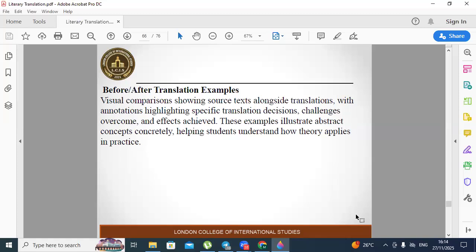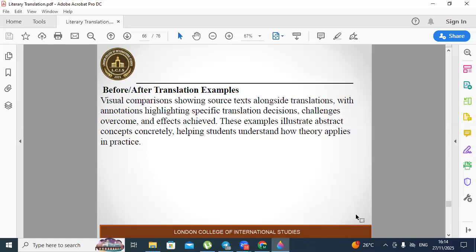These examples illustrate abstract concepts concretely, helping students understand how theory applies in practice. When you can point to specific words and explain why the translator chose this word over alternatives, theory becomes tangible rather than abstract.